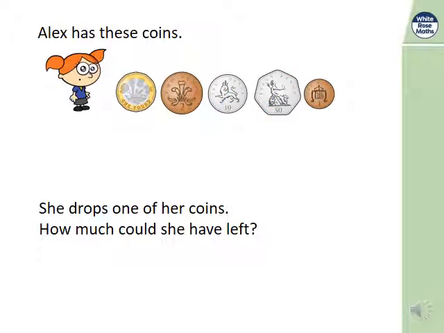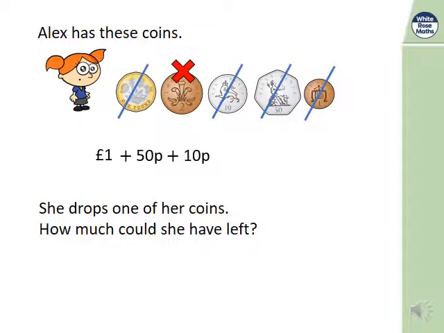So in an organised way, we could work our way across and cancelling out each coin to see what we would be left with. So if she dropped the 2p coin, she'd have £1, 50p, 10p and 1p, giving her £1 and 61 pence, or £1.61.